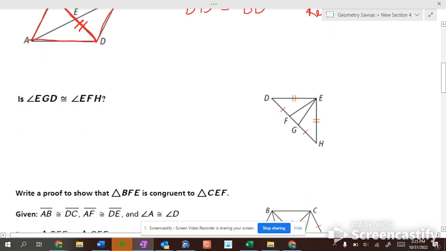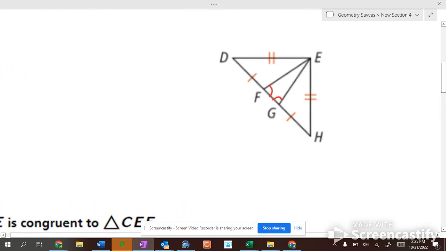Reflexive property. Now, is angle EGD congruent to angle EFH, this angle right here? Are those two angles congruent? You can say they look like it, but can we prove it?